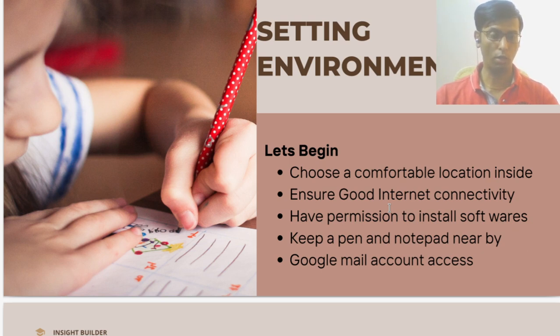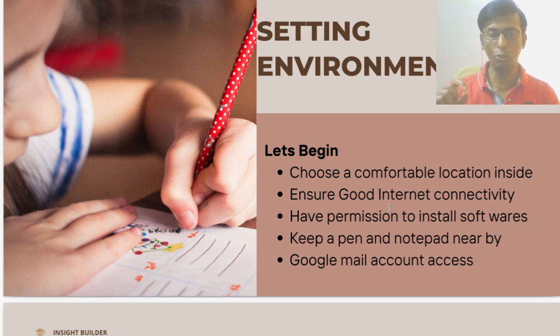If you are using your relations or your office laptop, ensure you have appropriate permissions because all these steps are going to be a part of your learning experience. If any of these things fail, you will get frustrated. In order to learn something, you should have a smooth flow. So ensure you keep your environment ready for learning.